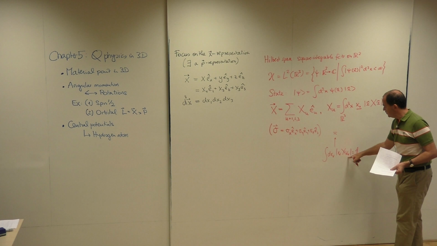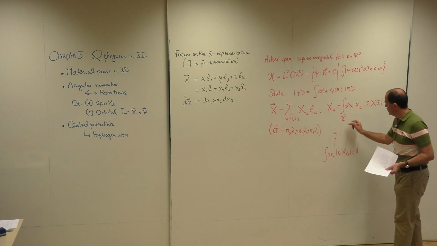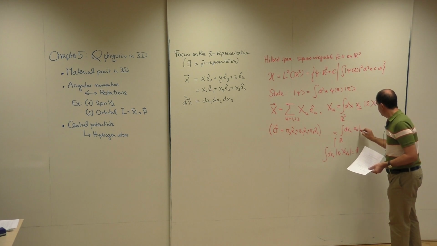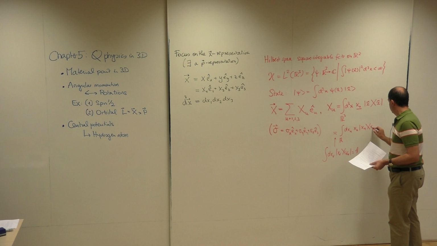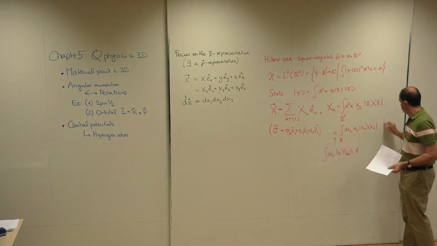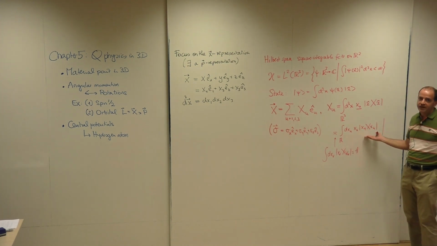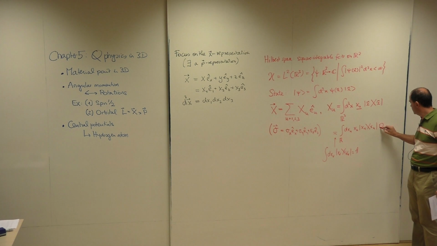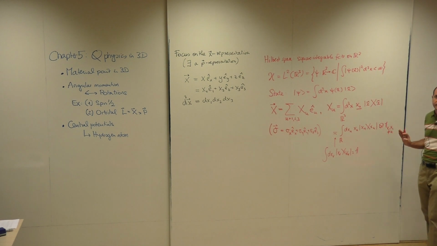If I apply this to the v component that's different from u, this would be equal to the integral dx_u x_u |x_u><x_u|, tensor identity on v1 and v2 different from u, if you want the whole thing.